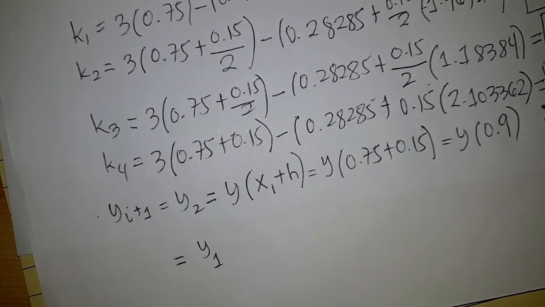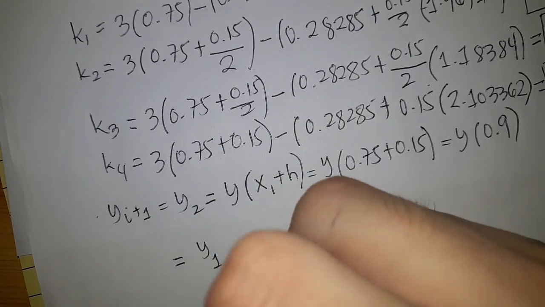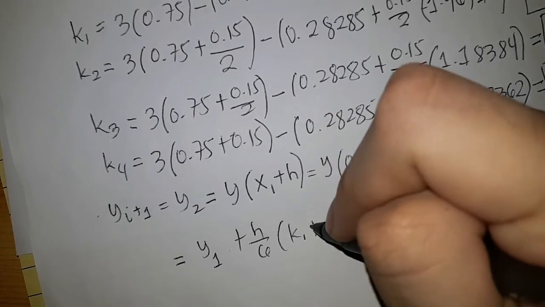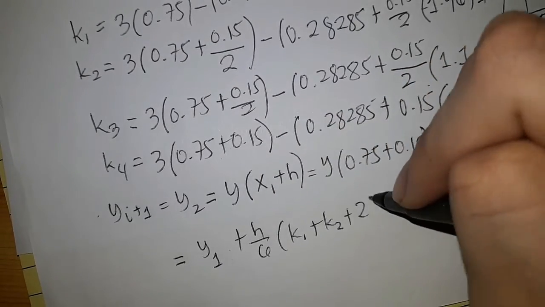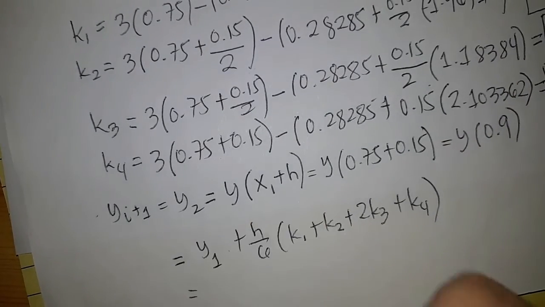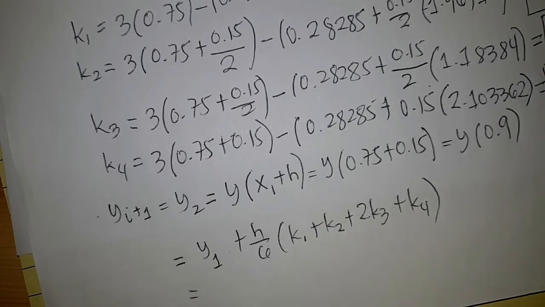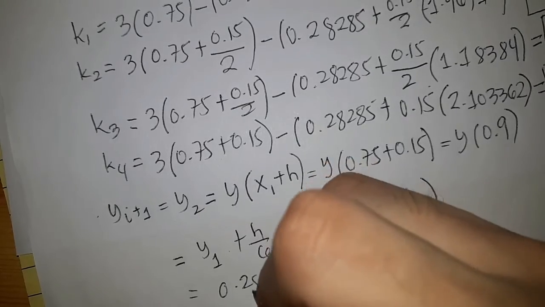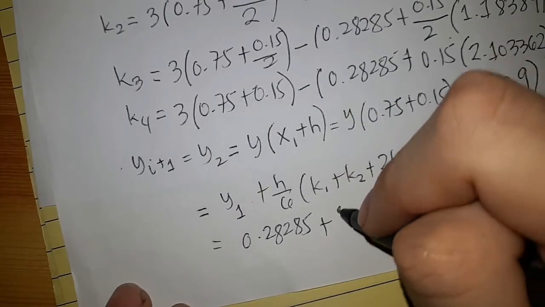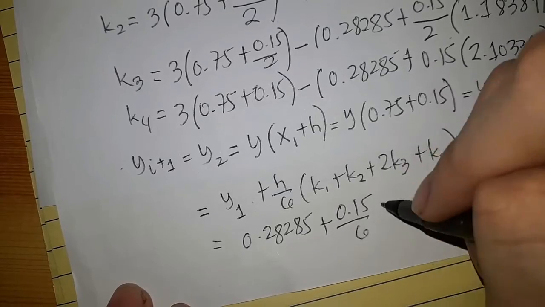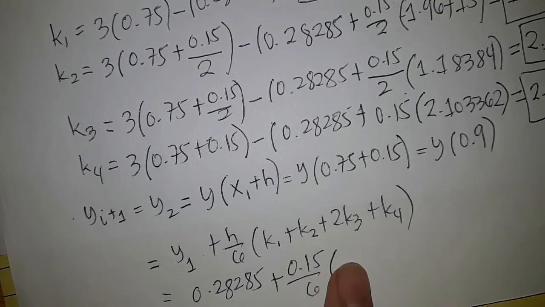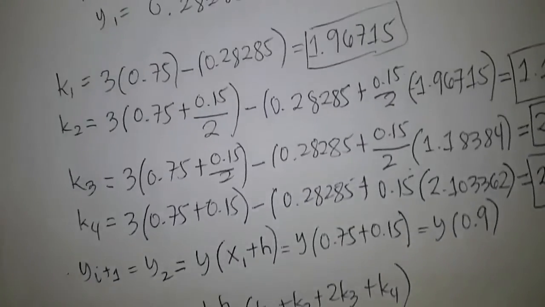So this will become y sub 1 plus h over 6 times k1 plus k2 plus 2k3 plus k4. So y sub 2 is equal to 0.28285 plus the step size of 0.15 divided by 6 times the values of k1, k2, k3, and k4 that we obtained here.